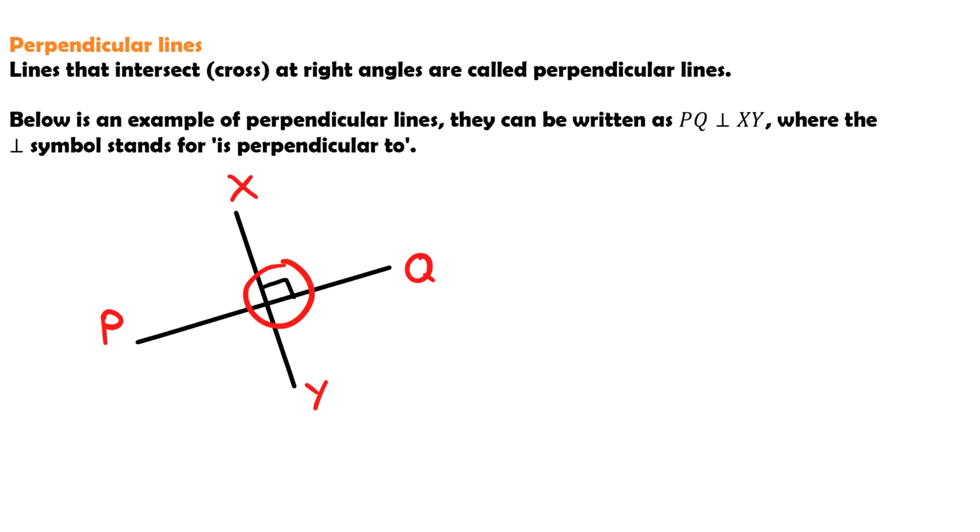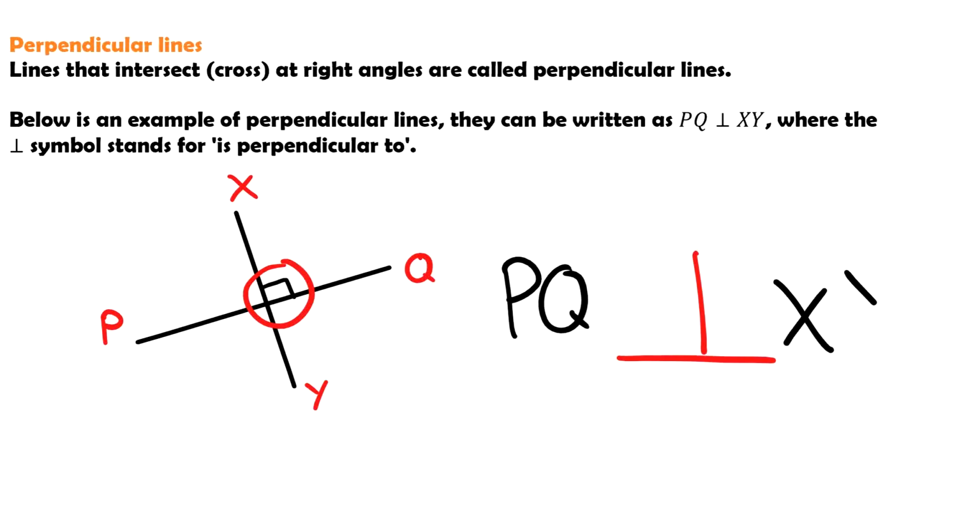Now, in the same way that we represent parallel lines with a special symbol, we do the same with perpendicular, and it looks like that. So what we would say here is that PQ is perpendicular, which is that symbol, to XY.